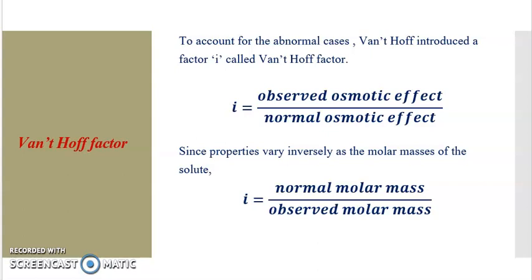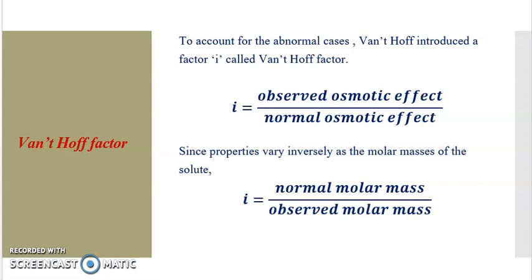So the Van't Hoff factor i is equal to the observed osmotic effect, that is the value of the colligative property in the experiment, divided by the normal osmotic effect, its theoretical value.